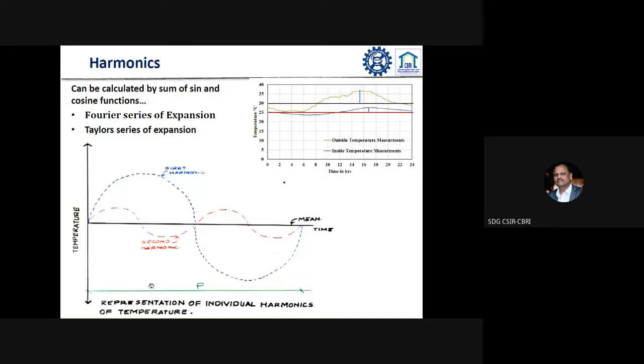There may be a possibility that we have to consider 4 or 5 harmonics. Starting with P, we can consider 2 pi. Then for the second harmonic, we can reduce it, and consider P as pi. With that, we can match this line, whatever the outside temperature profile is.